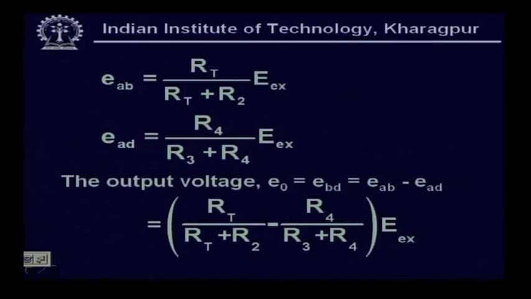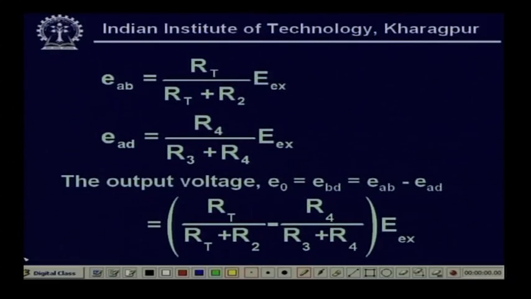Now the output voltage E naught equals EBD equals EAB minus EAD, equal to RT upon RT plus R2 minus R4 upon R3 plus R4, multiplied by EEX. So this is our E naught.